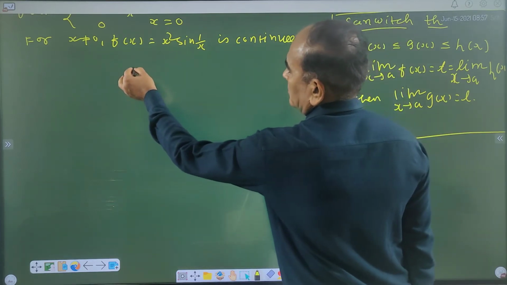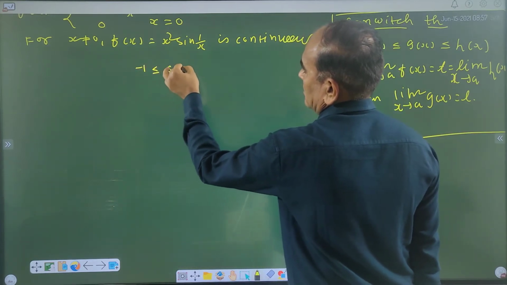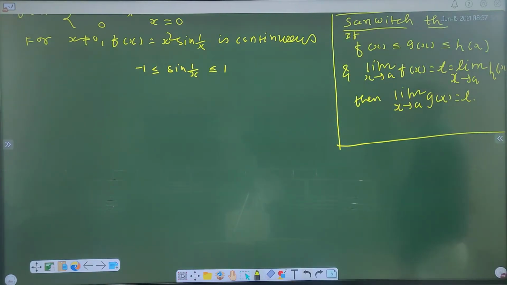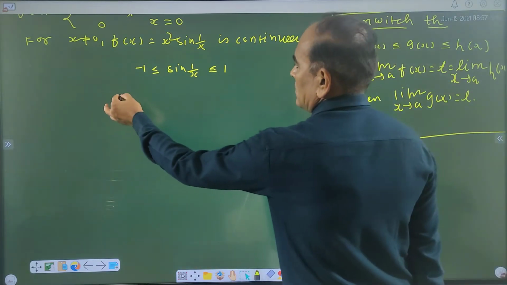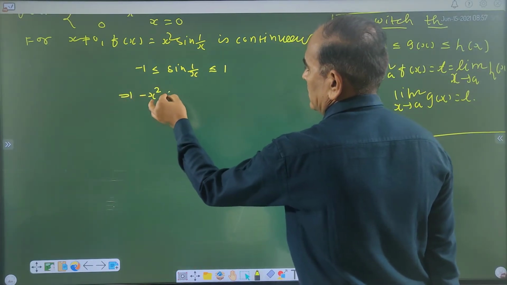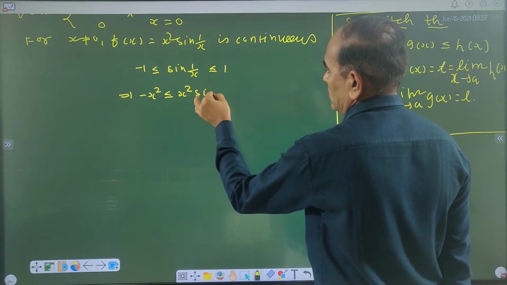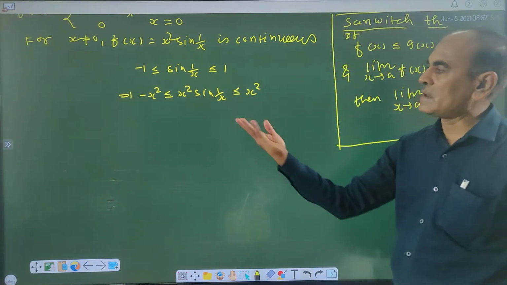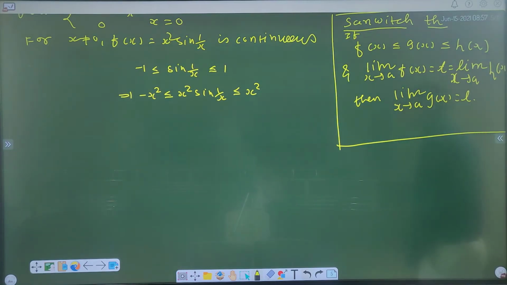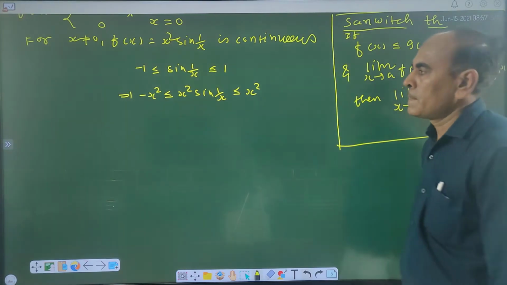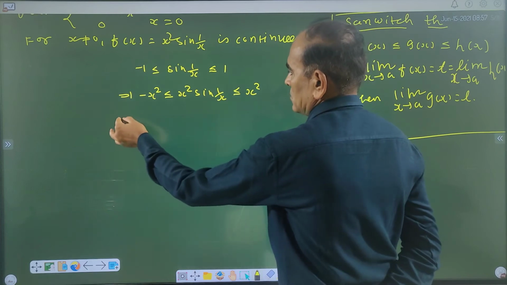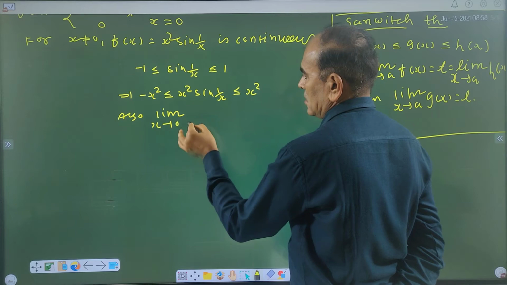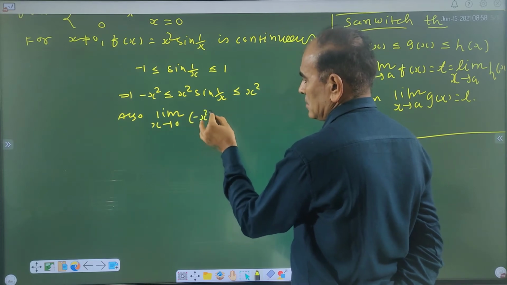We know that minus 1 is less than or equal to sin 1 by x, which is less than or equal to 1. Yes or no? Yes. So multiply by x square on both sides throughout, and the order sign remains as it is because we know that x square is not negative. Also note that these two functions have the same limit at 0.